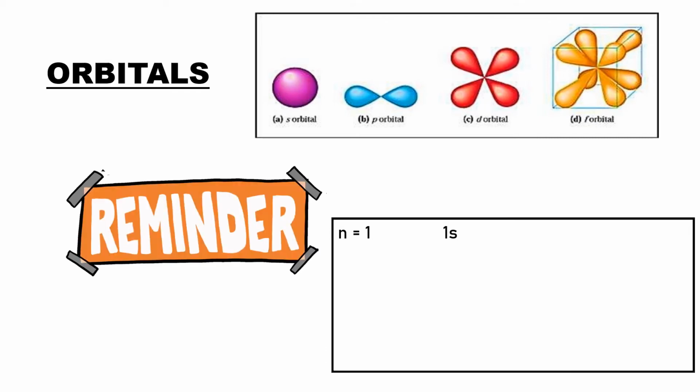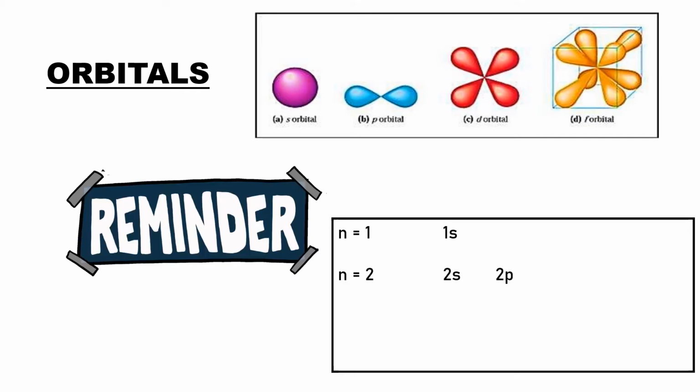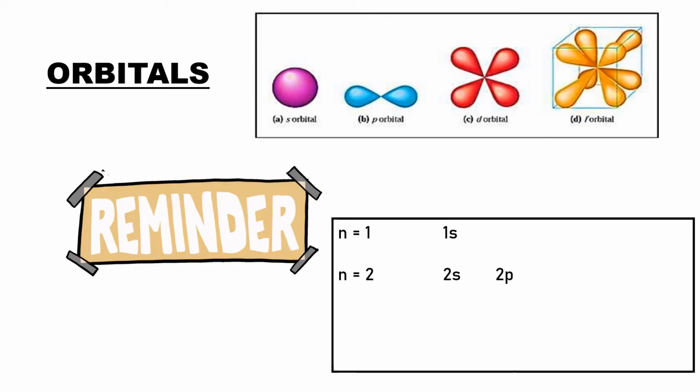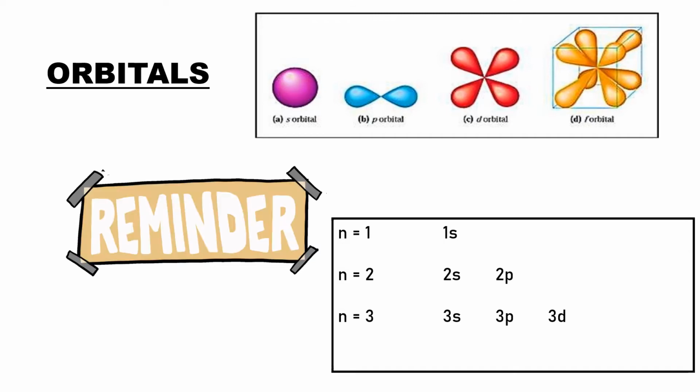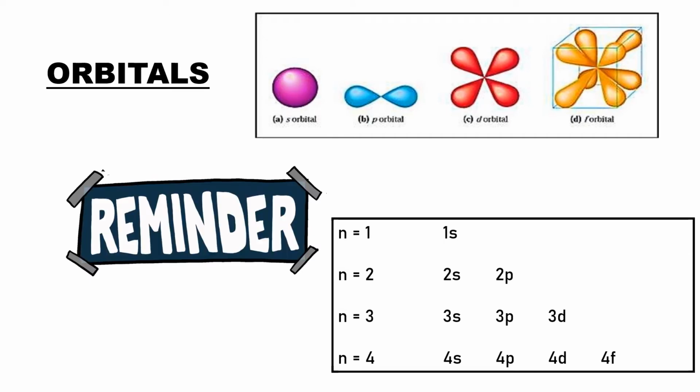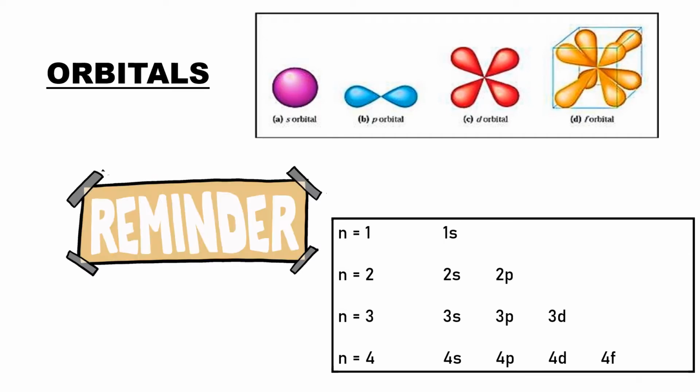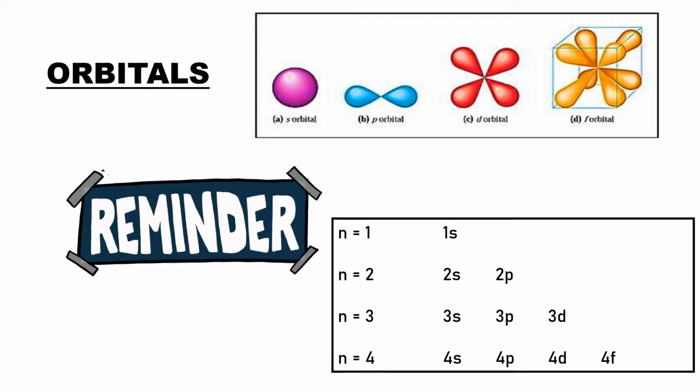When your n is 2, you have two sublevels such as 2s and 2p. When n is 3, there are three sublevels such as 3s, 3p, and 3d. And if your n is 4, there are four sublevels such as 4s, 4p, 4d, 4f, and so on.